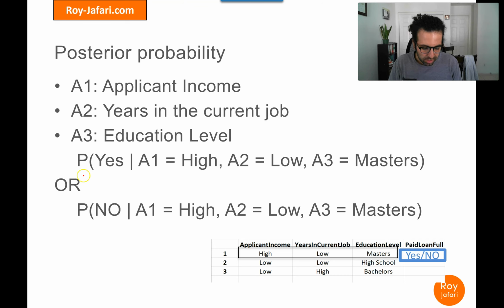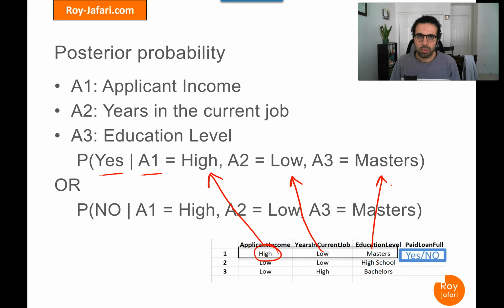What is the probability of yes if A1, which is applicant income, is high, right? So this comes from here, and if A2, which is years in the current job, is low, and A3, the education level, is masters. So basically we are saying the probability of yes given this customer, right?